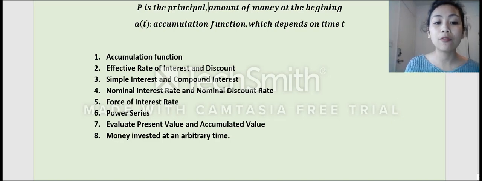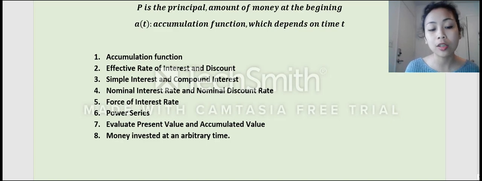And then we will cover effective rate of interest and discount, simple interest, compound interest, nominal interest rate, nominal discount rate, force of interest, power series, evaluating present value and accumulated value, and how money invested at an arbitrary time works.